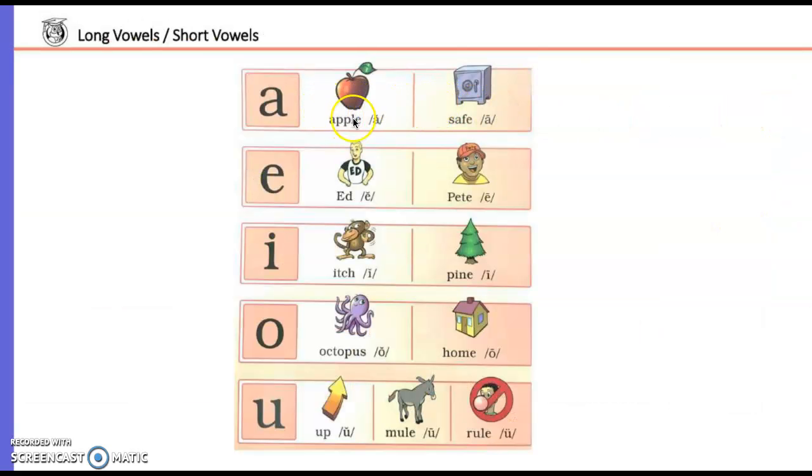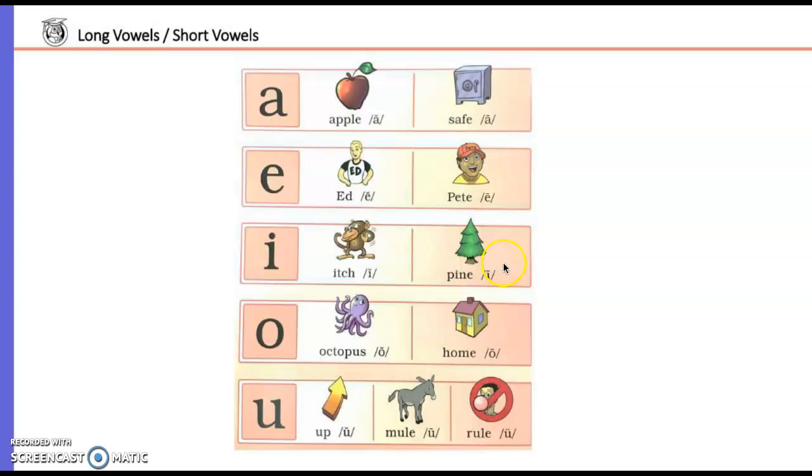All right. So now we're going to go back. Doing vowel sounds is very beneficial to our group, but we're going to do the short and long of each one. A, apple, a. Say it with me. Safe, a. Ed, e. Pete, e. Itch, i.